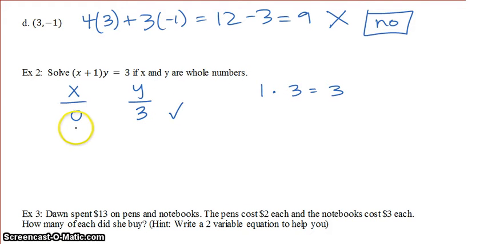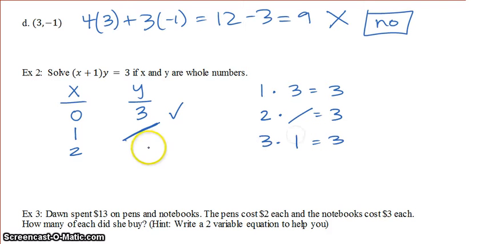Now, if x is 1, so 1 plus 1 is 2, times what equals 3? Well, that's not a whole number, so I'm just going to cross it out because I know it's not going to be a whole number, and we're only looking for whole number answers. So 2 plus 1 is 3, times what equals 3, and I know y would have to be 1 for that case, so that works.